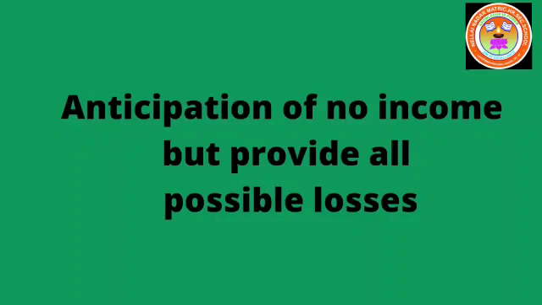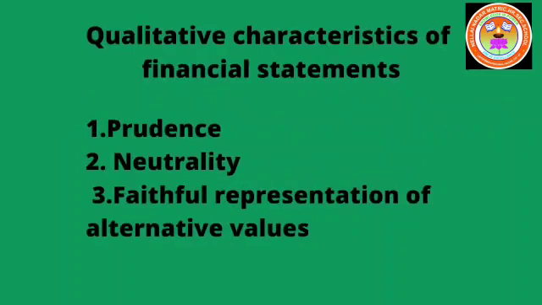For this concept, there should be at least three qualitative characteristics of financial statements, namely prudence, that is, judgment about the possible future losses which are to be guarded, as well as gain which are uncertain. Neutrality, that is, an unbiased outlook is required to identify and record such possible losses as well as to exclude uncertain gains.